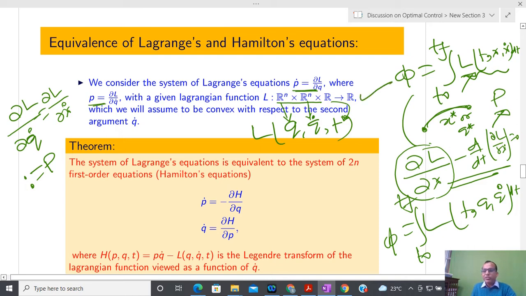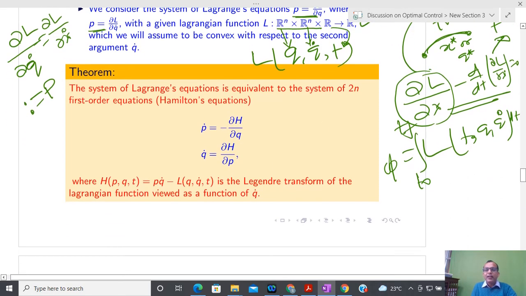Okay, it is possible to show that I can directly get these two first order differential equations: ṗ is the new variable, and after that q̇ is ∂H/∂p. Here H is nothing but pq̇ minus L(q, q̇, t).